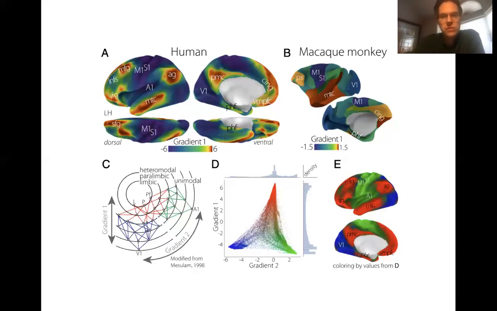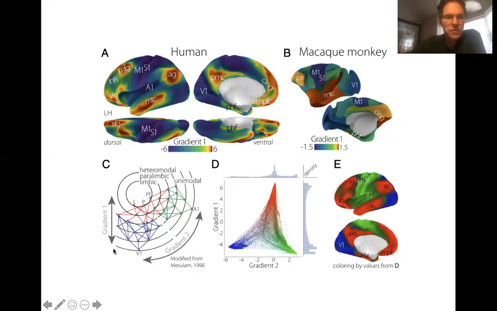It's a higher dimensional problem, which, as we'll talk about later, has some problems. It looks at whether two neighboring voxels have similar connectivity profiles to the rest of the brain or different ones. And if they are different, then they exist at a different part of this gradient spectrum.